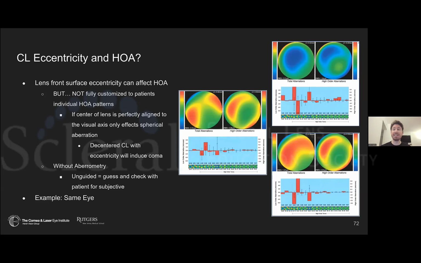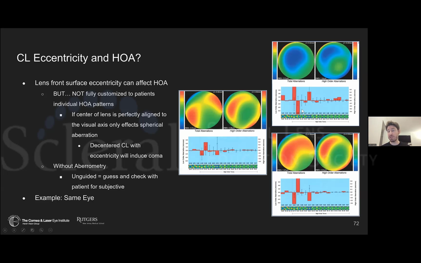Another misconception that we have on lenses is eccentricity on contact lenses. Barry touched on this, but with many lenses out there, we can use eccentricity to control some of the aberrations, but these are not customized to the individual, right? What we're doing is we're essentially changing the levels of spherical aberration that are present.